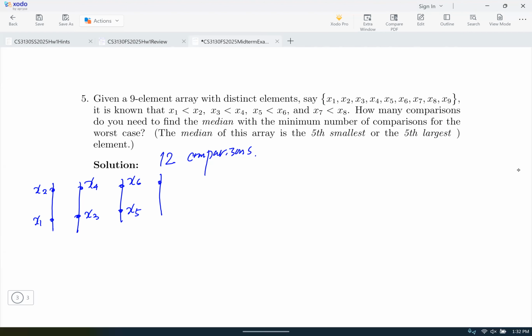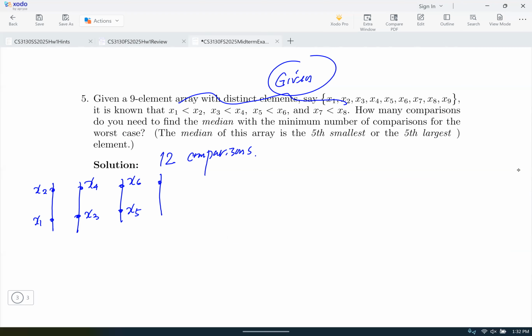By the way, I want to say something, because one student always gave me two versions. Because of the information given, never count these comparisons, all right? Never count, because given means you don't need to do anything, you already have it, right?